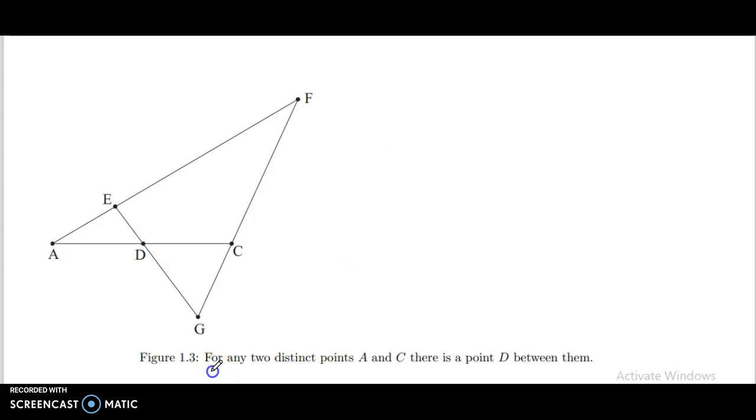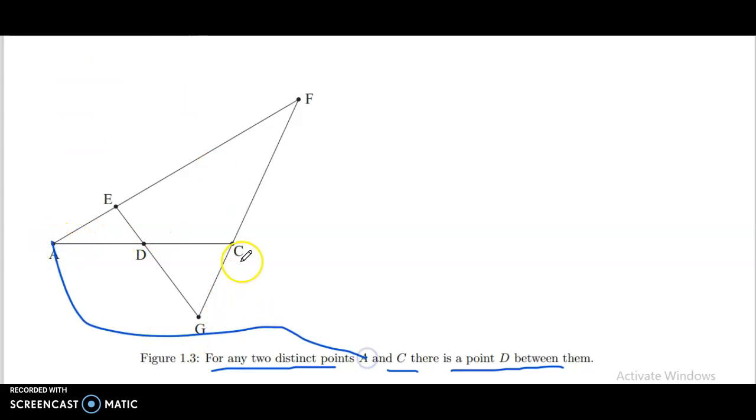For any two distinct points A and C, there is a point D between them.